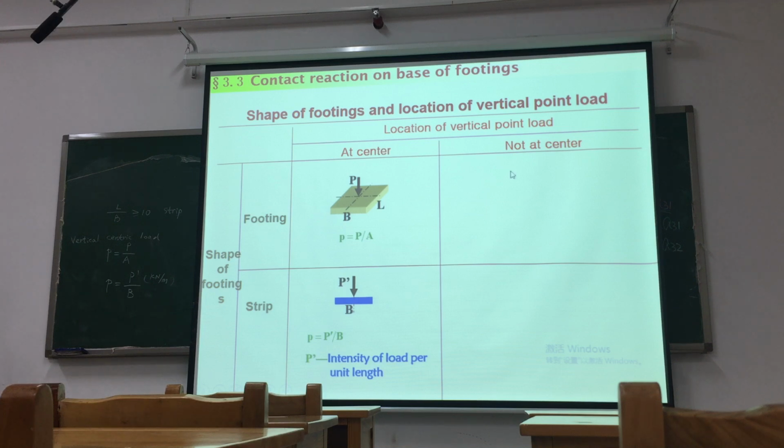But for the vertical eccentric load, the location of the vertical point load is not at the center, like this, maybe an eccentric load.